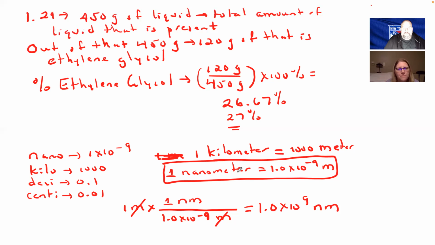The biggest thing with conversion factors is that there are 2 possible conversion factors for any equality. The trick is to use the form that when you multiply, the unit that you're given in the question cancels, and what you're left with is the unit that you need for your answer. That's really the key.